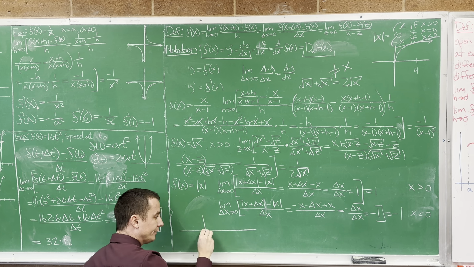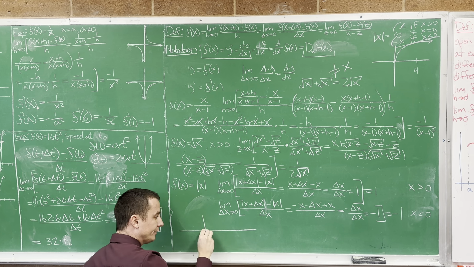So, precise definition. Let y equal f of x. The function y equals f of x is differentiable on some open interval a to b if and only if it has a derivative at every point in the interval. Make sense?